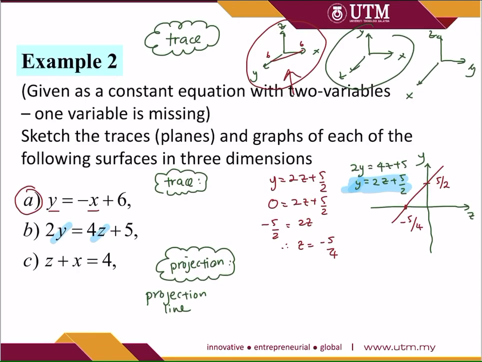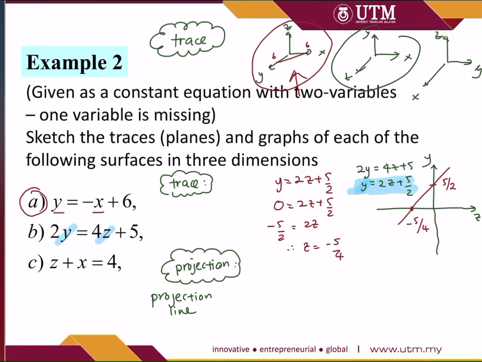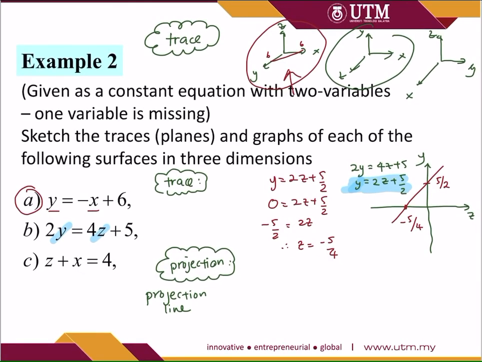Now you need to project. Where is your axis? It depends on your axis. Let's say you have x, y and z here. If you want to see the trace, you will stand at the x-axis because you will see the y and z.